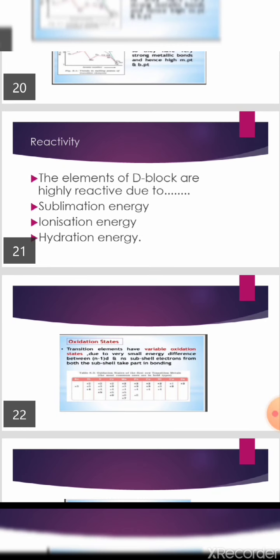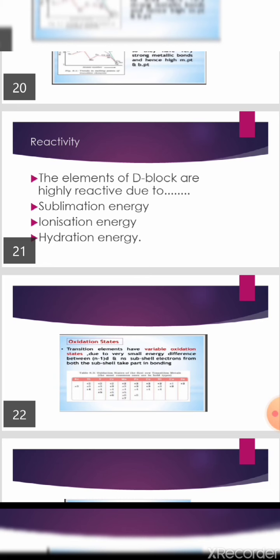Next property is the reactivity. The elements of d block are highly reactive due to first the sublimation energy, second the ionization energy, and third the hydration energy. The elements of d block have a high melting point and boiling point, hence their sublimation energy is high.